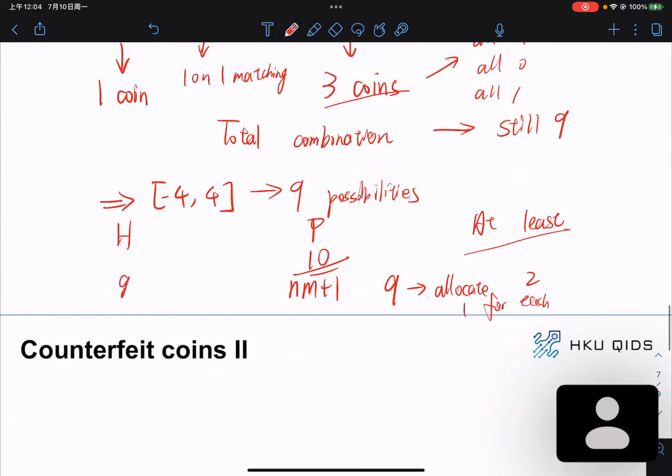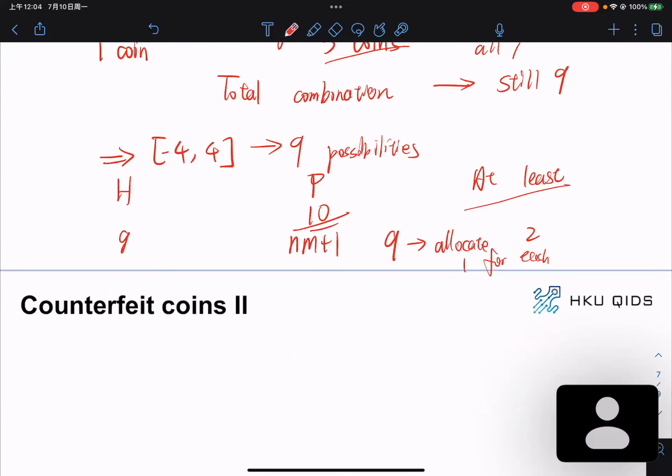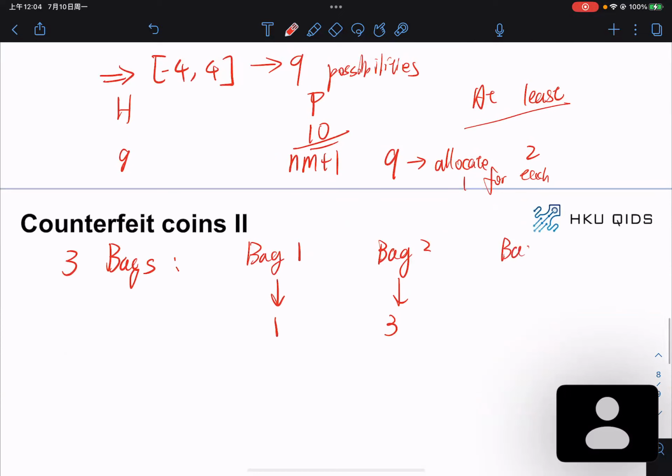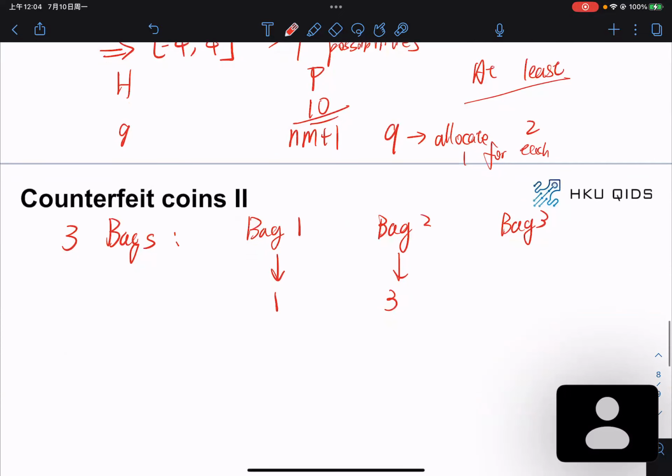So now we can consider the case of 3 bags. How about 3 bags? For 3 bags, of course, we take 1 from bag 1, 3 from bag 2, and how about bag 3? We know the total combination is 3 to the power of 3 equals 27 this time, right?